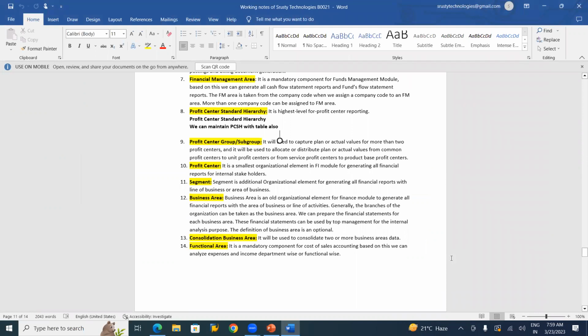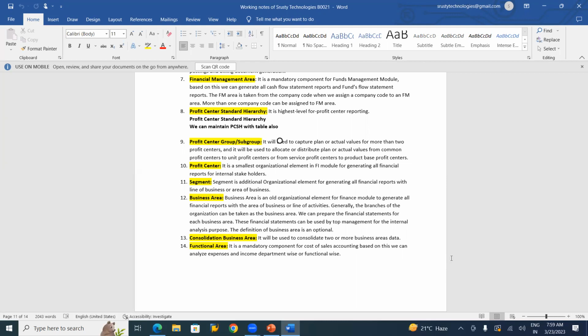Naveen, where would the cost center be created? In the controlling module. Here we won't create any cost center; cost centers we are going to create in the CO module. Only here we will create the profit center. In the FI module, we are going to discuss how things will be distributed to profit centers and how profit center reporting will be generated.